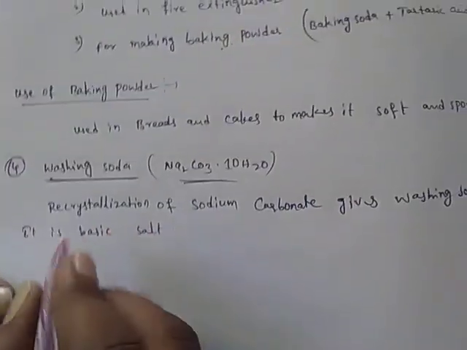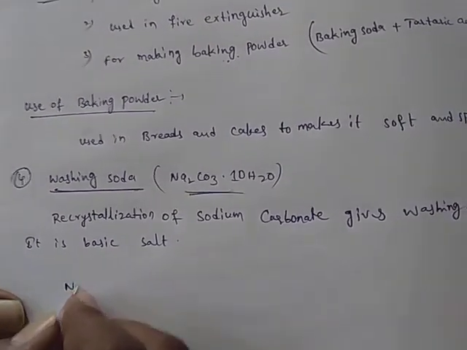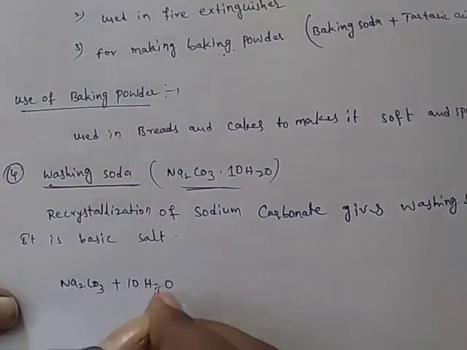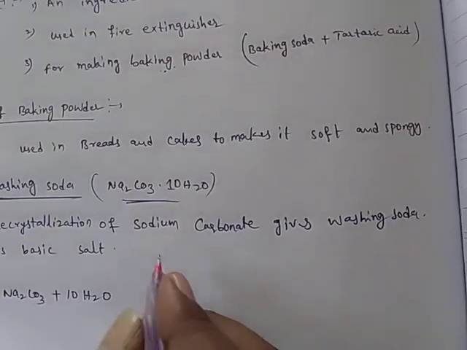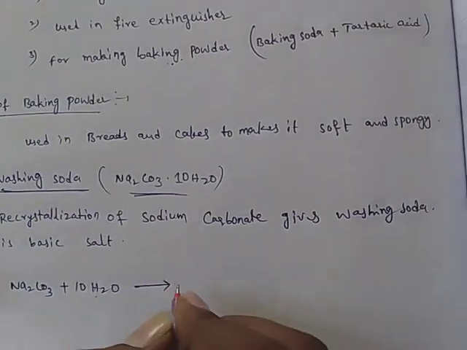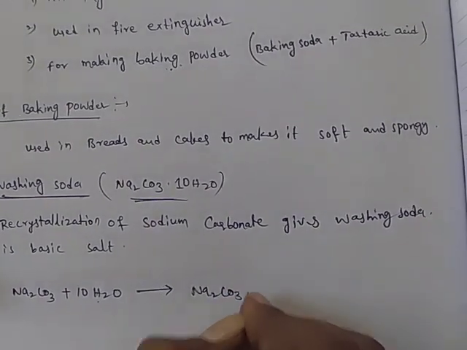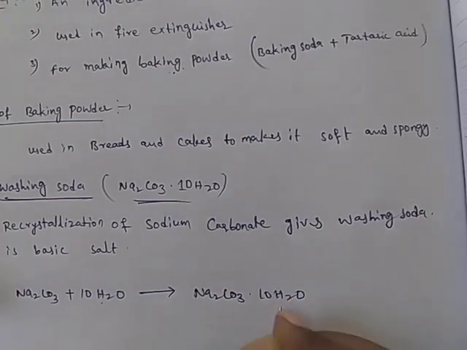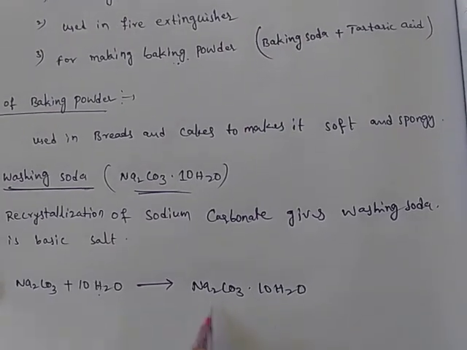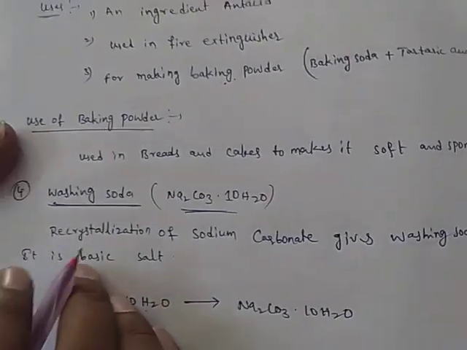How can we prepare the sodium carbonate that is called washing soda? Na2CO3 plus 10H2O: water molecules are added to the sodium carbonate to give Na2CO3 10H2O, with deca water molecules. 10 means deca. So this is the preparation of washing soda.